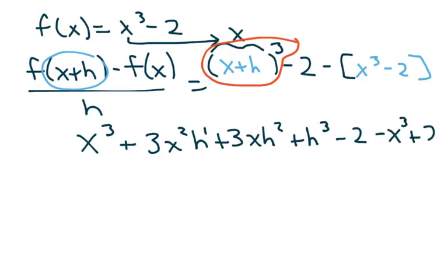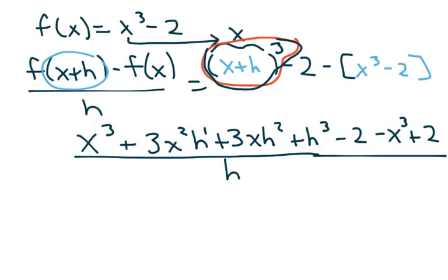Alright, you could take this and just FOIL it out. Write it down 3 times and FOIL it out, and you would get this. There's some other tricks too, but this is all over h. Let's clean it up. X cubed goes away. The 2 goes away. Anything else?